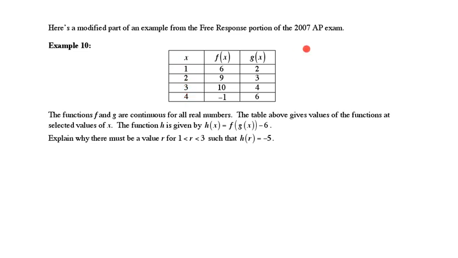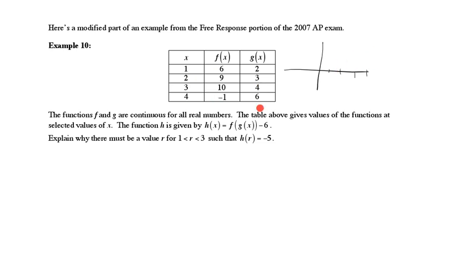Look at what f is doing. f goes from 6 up to 10 down to -1, so f kind of goes up and then down. Just get a picture in your mind of what it's doing. g goes 2, 3, 4, 6, so g kind of just goes up.